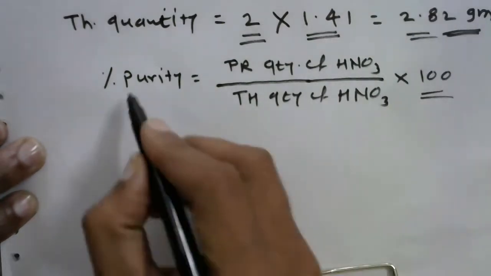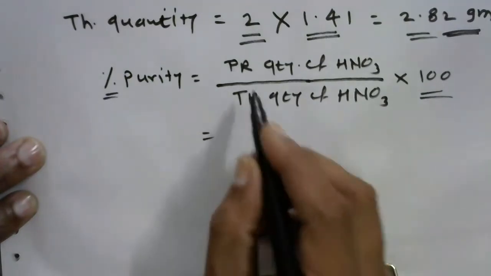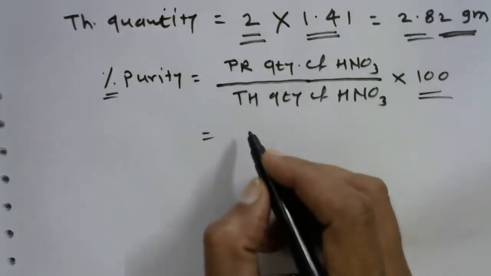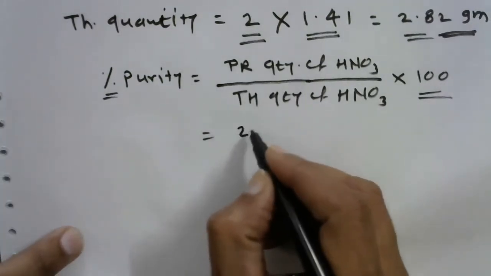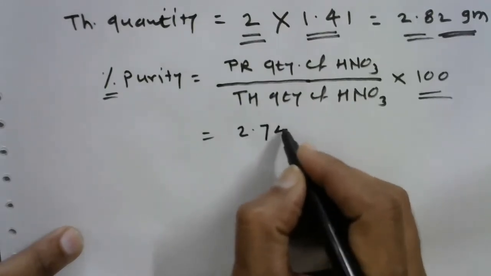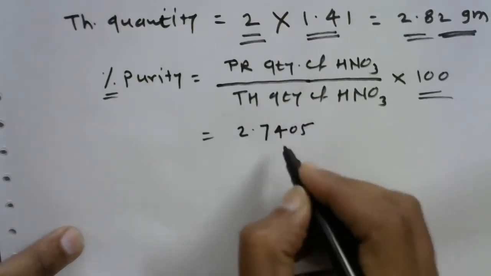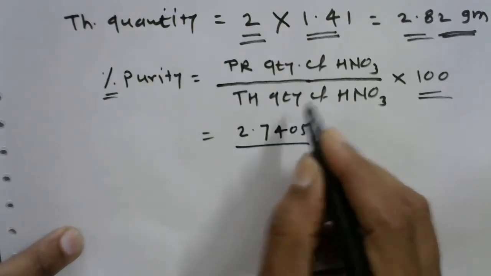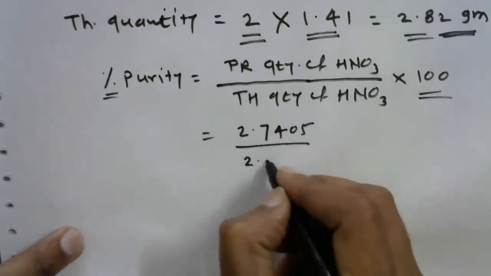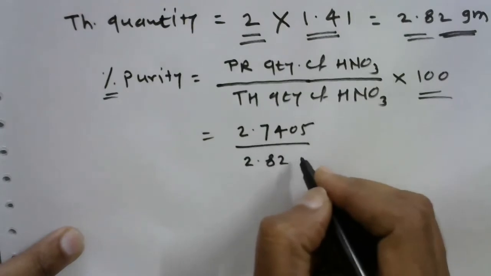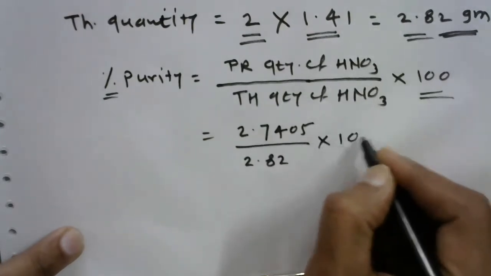The 100 indicates the percentage. So the practical quantity was 2.7405 gram, and the theoretical quantity is 2.82 gram, into 100.